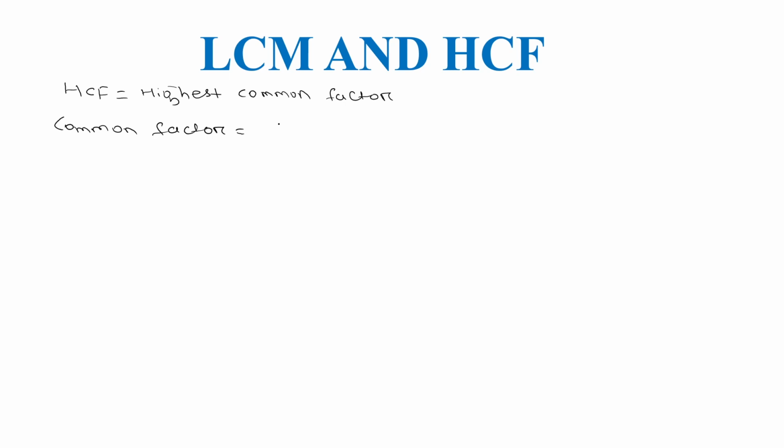Let us take 8 and 12. 8 will be 2 into 2 into 2, and 12 will be 2 into 2 into 3. So what will be the common factor? 2 will be a common factor.